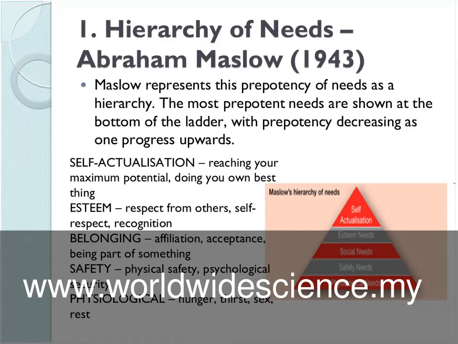For example, profit sharing is like the main key of belonging to the whole company. If your company provides profit sharing to all employees, and employees are able to buy shares of the company, that means they feel that they are part of the company, they belong to the company. So this is how the belonging needs are explained.